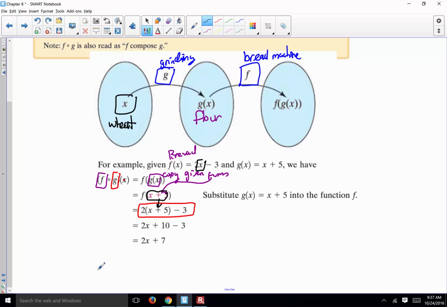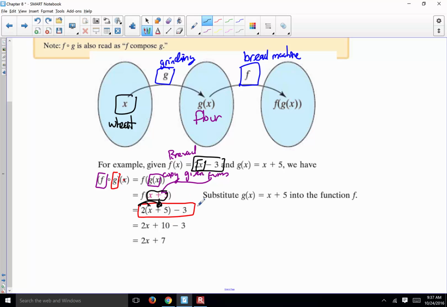Look, x plus 5 is placed there. Can you all see that? Instead of 2x minus 3, I have 2 times parentheses, x plus 5, minus 3. Then you distribute and simplify. The rest is simplifying, adding like terms, etc.